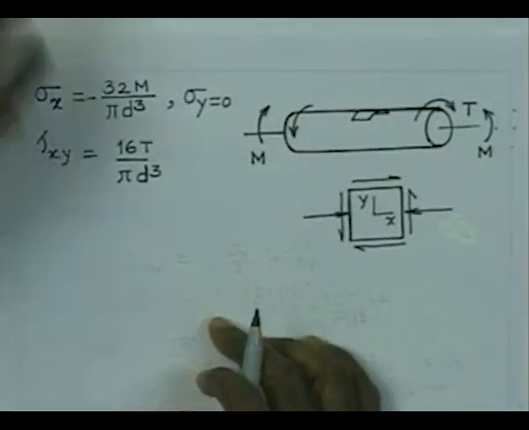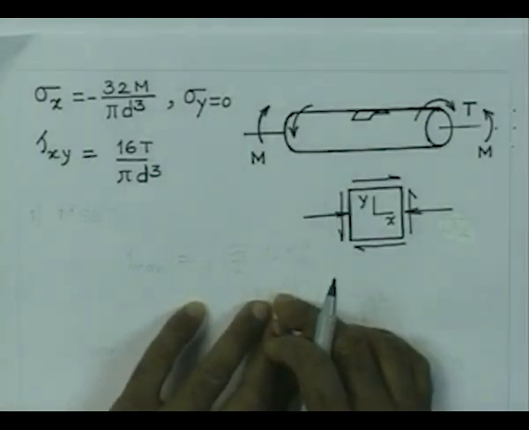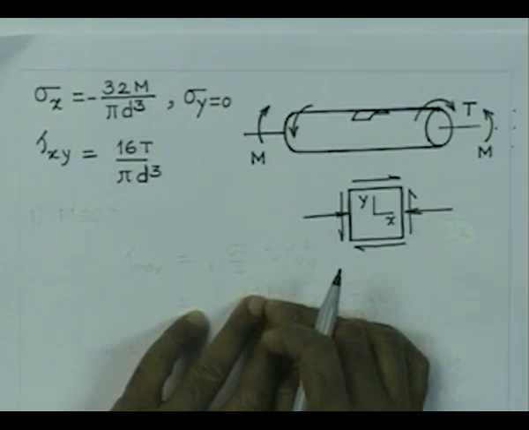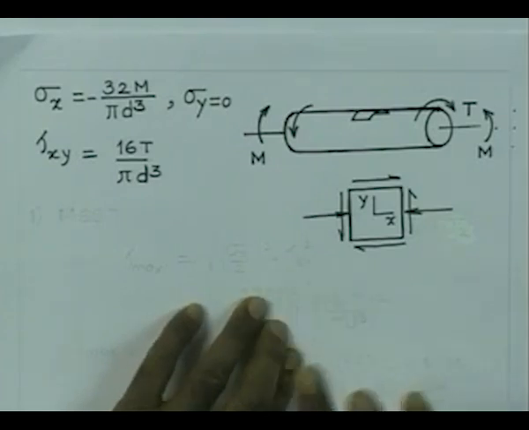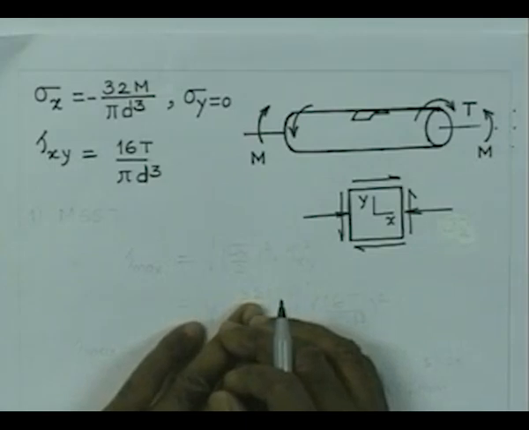If we want to consider this material for design, there are two criteria which are applicable here. One is maximum shear stress criterion and the other one is maximum distortion energy density criterion. This is a ductile material, therefore, you have the possibility of considering these two criteria to be applicable.